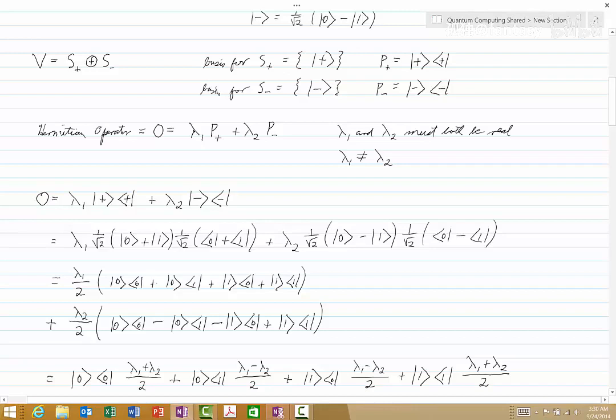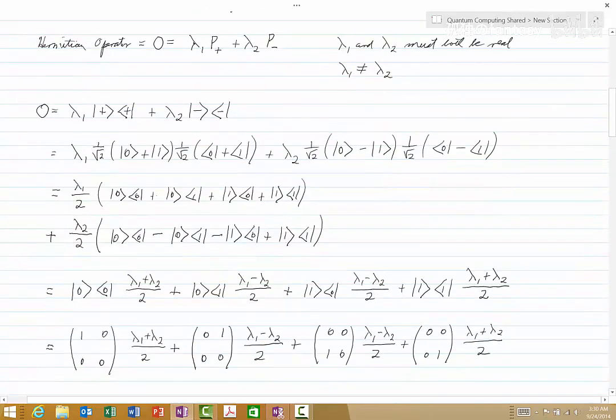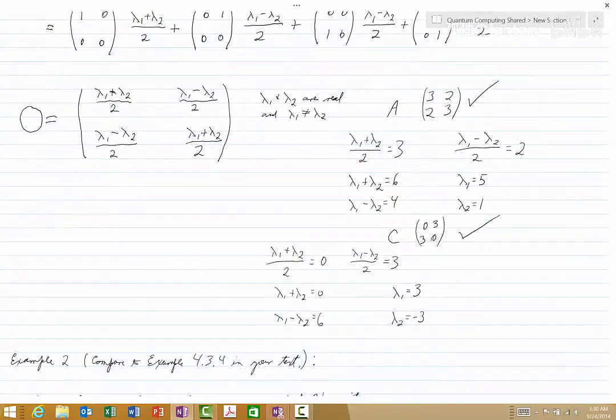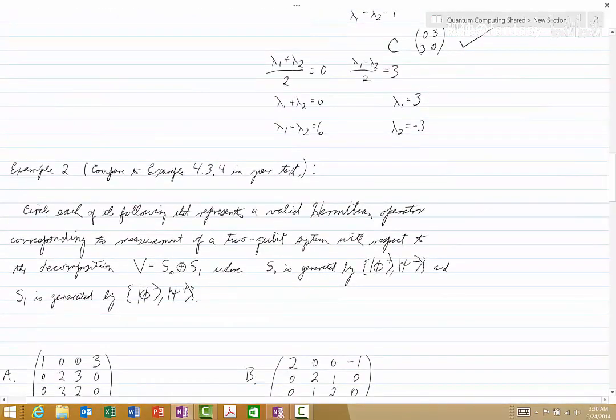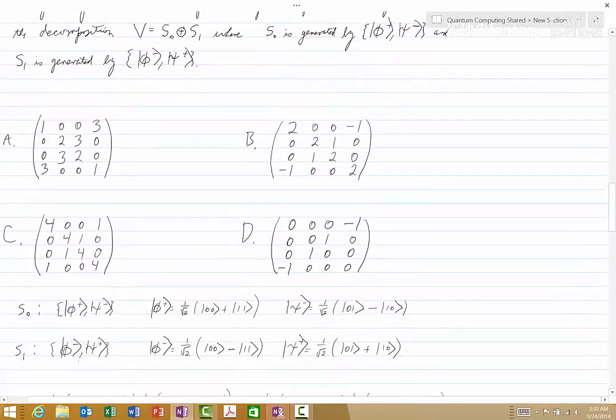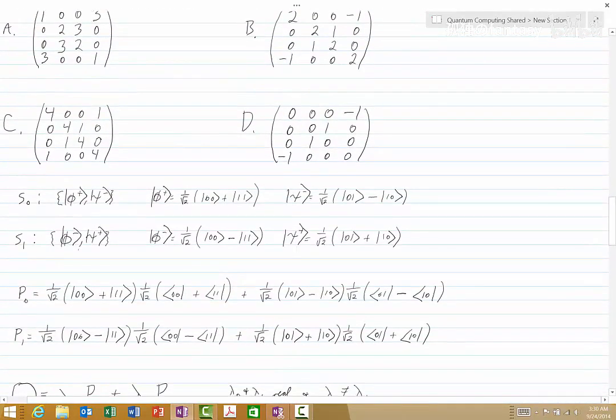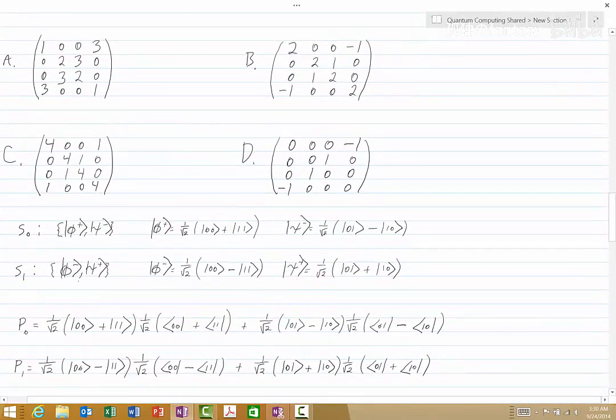So when you have just one ket in the basis, you'll get just one term in the projector. But if you have two kets in the basis, then as we see here, you will get two terms in the projector.